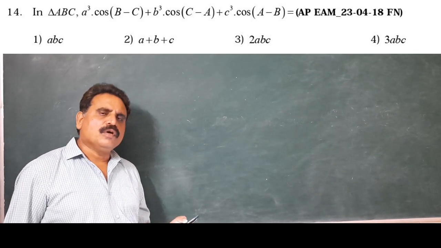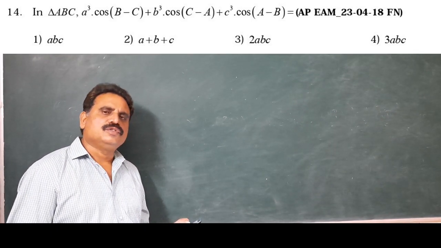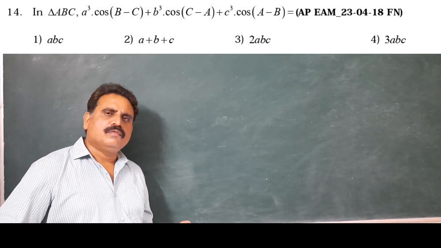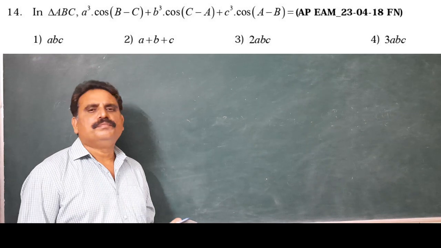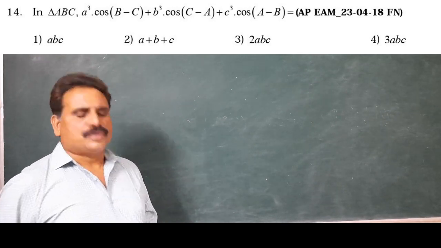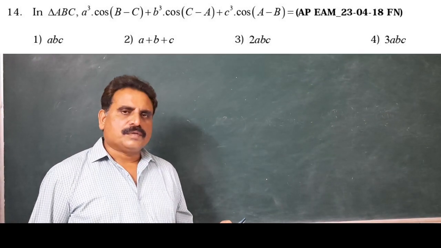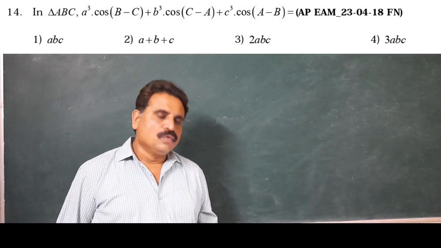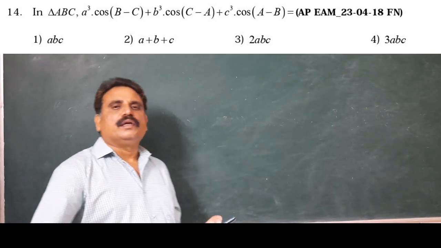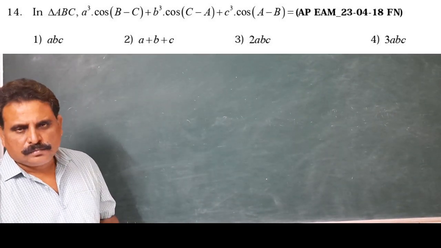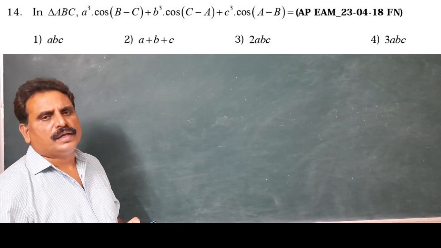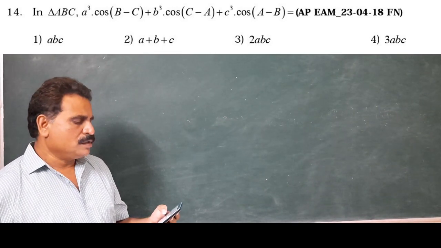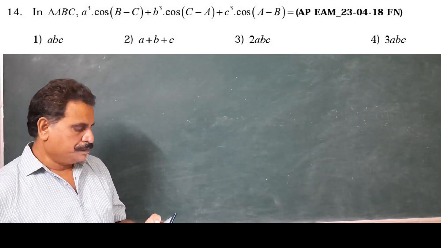Verify that cos 0 is 1. So a cube plus b cube plus c cube, with a equal to b equal to c, so 3a cube. Let us verify the options. First option a cube, second option 3a wrong, third option 2a cube wrong, fourth option 3a cube. That's why the fourth option is correct. By verification, we can easily decide the answer. So the 14th question is the fourth option.